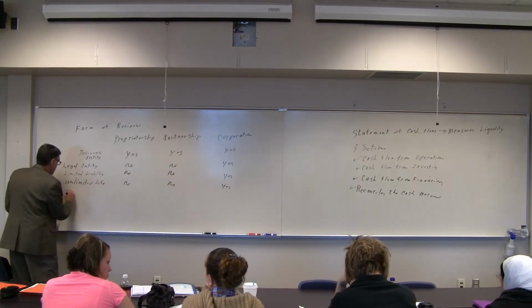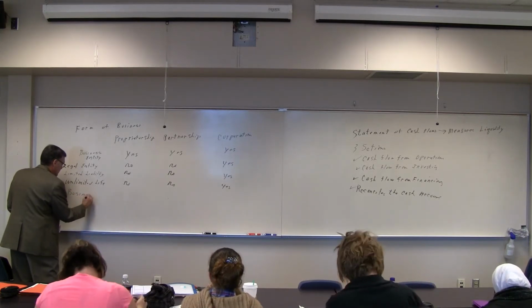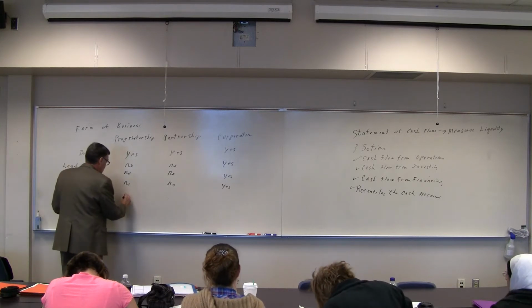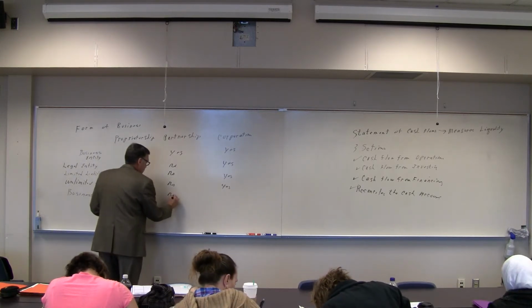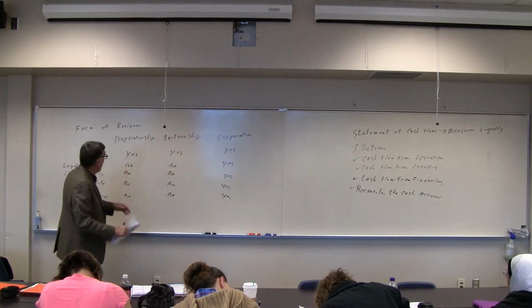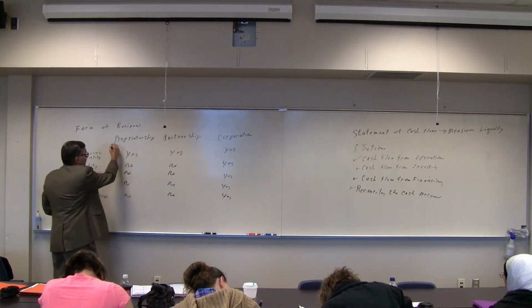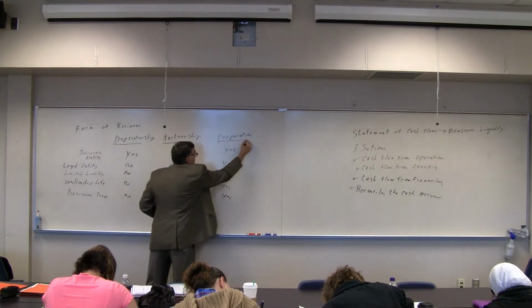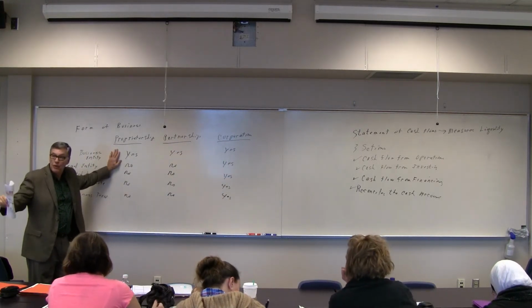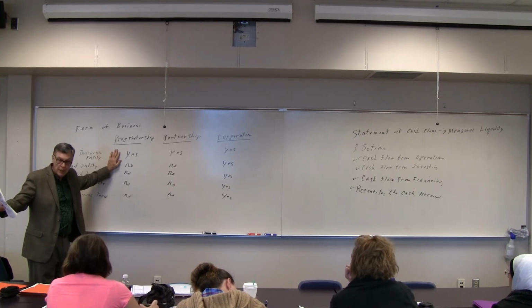Business taxed. Okay? And the answer is no, no, yes. So what happens here? If you're a sole proprietor, what you do is you fill out Schedule C of your 1040. That's where you list your revenue and expenses. That gives you your net income.